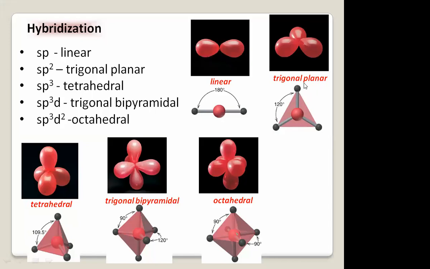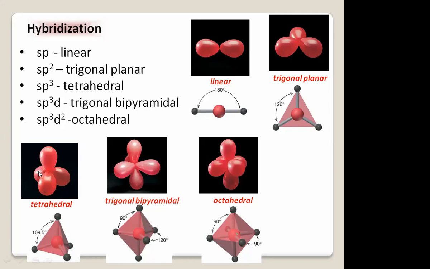Then in sp2 hybridization, you have a trigonal planar structure. In trigonal planar, the angle between the central atom and the terminal atoms is 120 degrees. All that you have learned in O level.